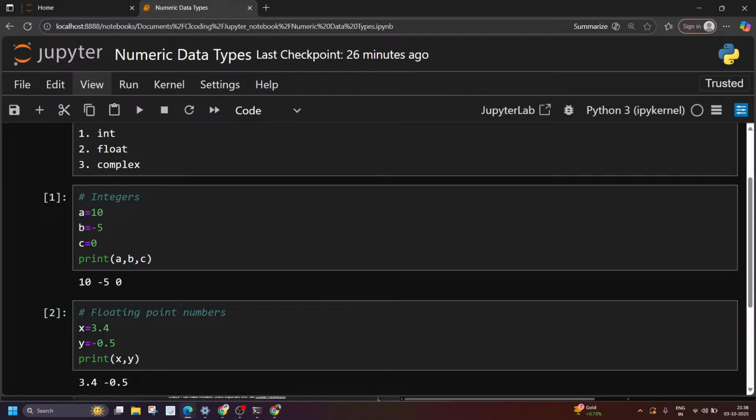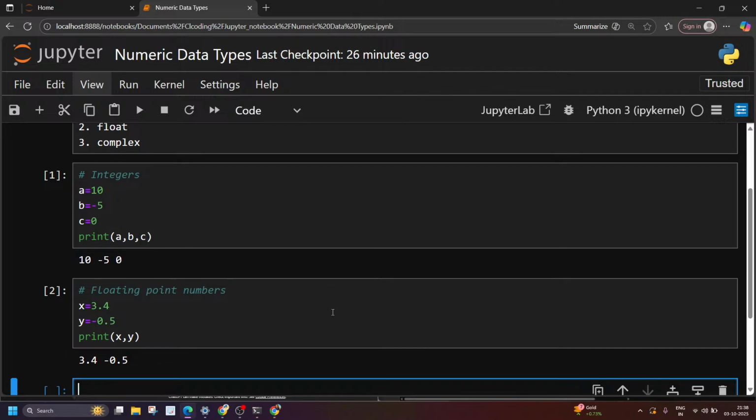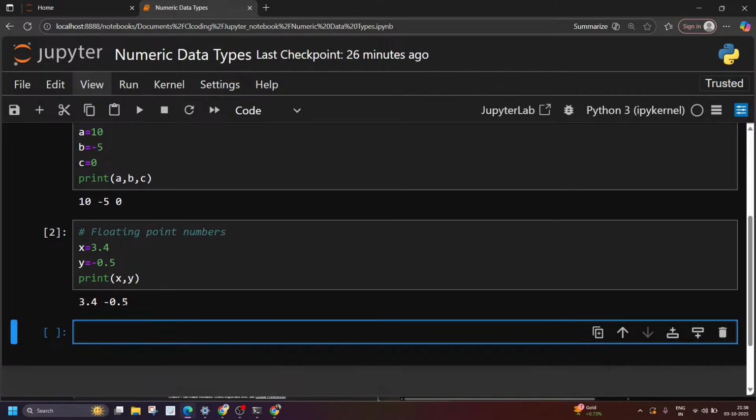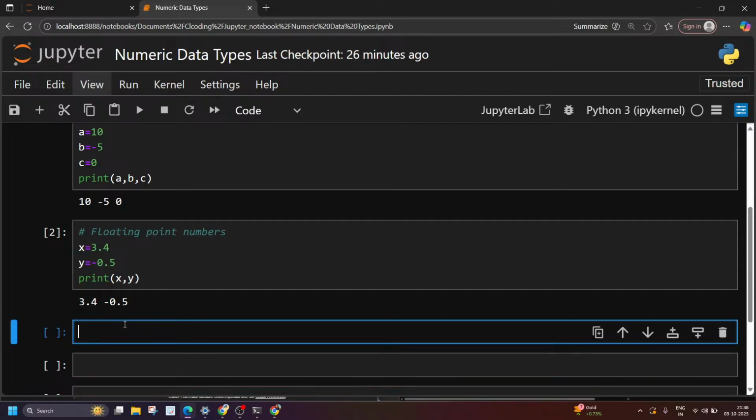This is a simple example of a floating point number. This is how a floating point number looks with a decimal value.